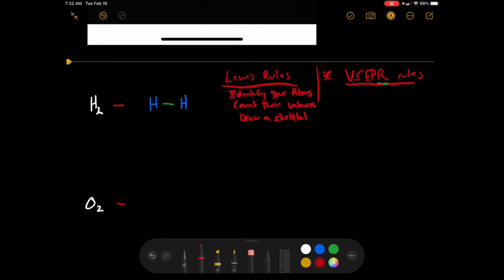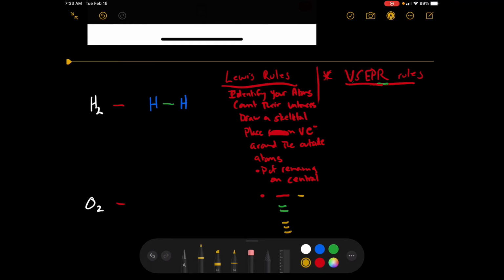Then you place the remaining valence electrons around the outside atoms. Then the electrons that remain, you put on the central atom. And if need be, to get your full 8 electrons, you do single or double or triple bonds.